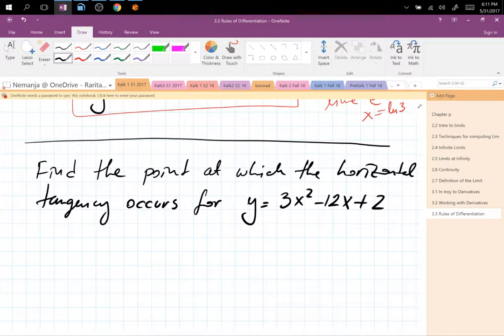It's a backwards problem from the previous one. Previous problem, I gave you x is equal to ln 3. So you did the problem forward. You found the slope. Now I'm giving you slope, 0. And you are supposed to find x at which it happens. So it's a backwards problem. Find the derivative, set it equal to 0, figure out which x gets you there. And that's the answer.